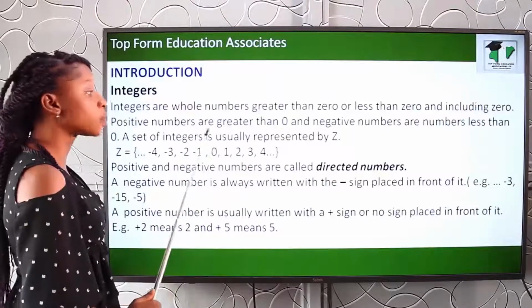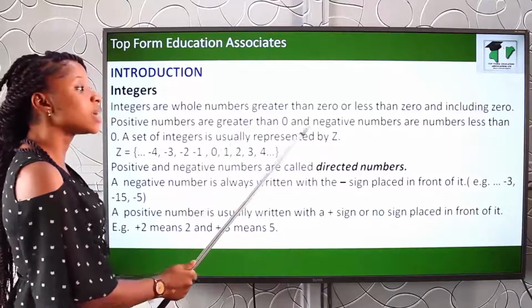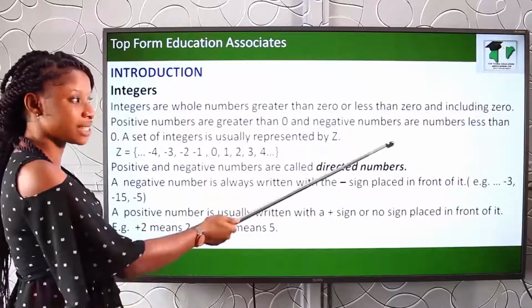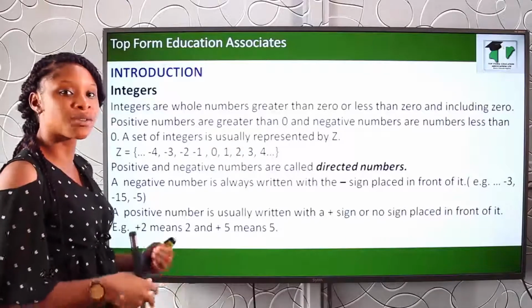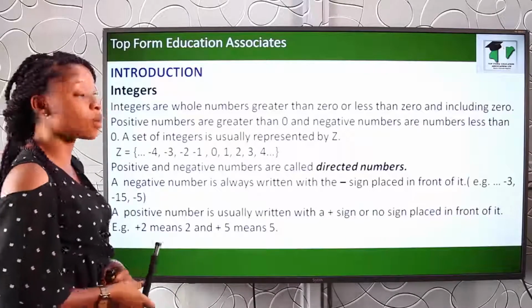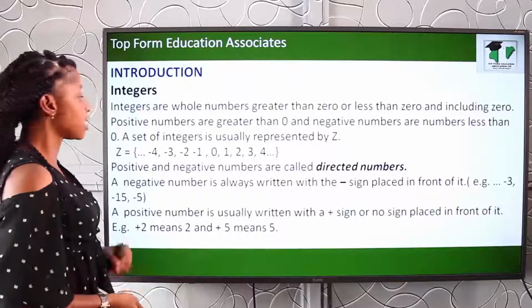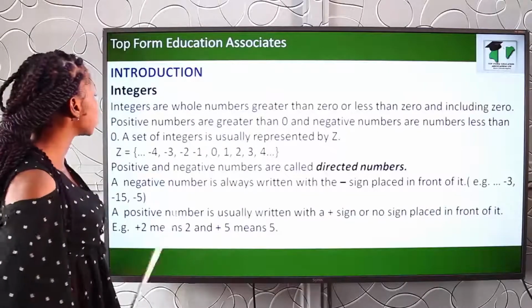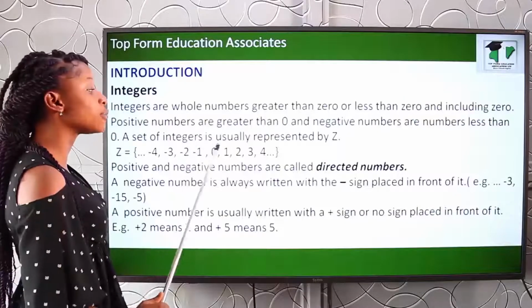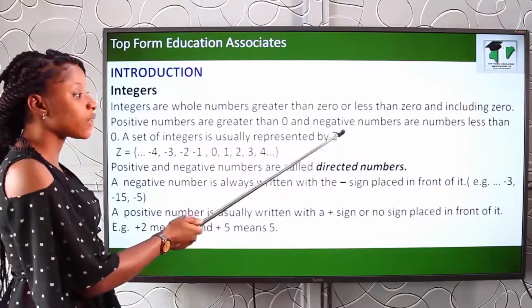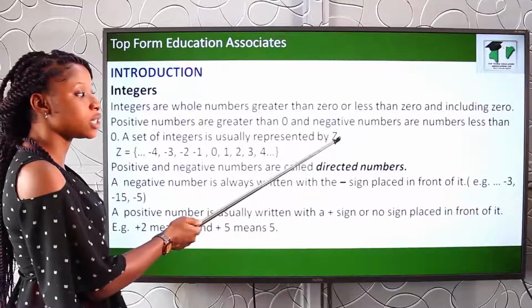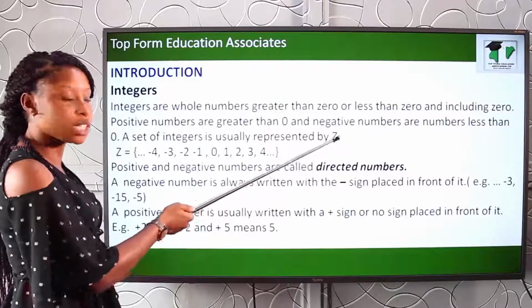Negative numbers are less than 0. Positive numbers are those numbers greater than 0, while negative numbers are those numbers less than 0. A set of integers is usually represented by the letter Z. Whenever you see Z, you know that the set is representing the set of integers.